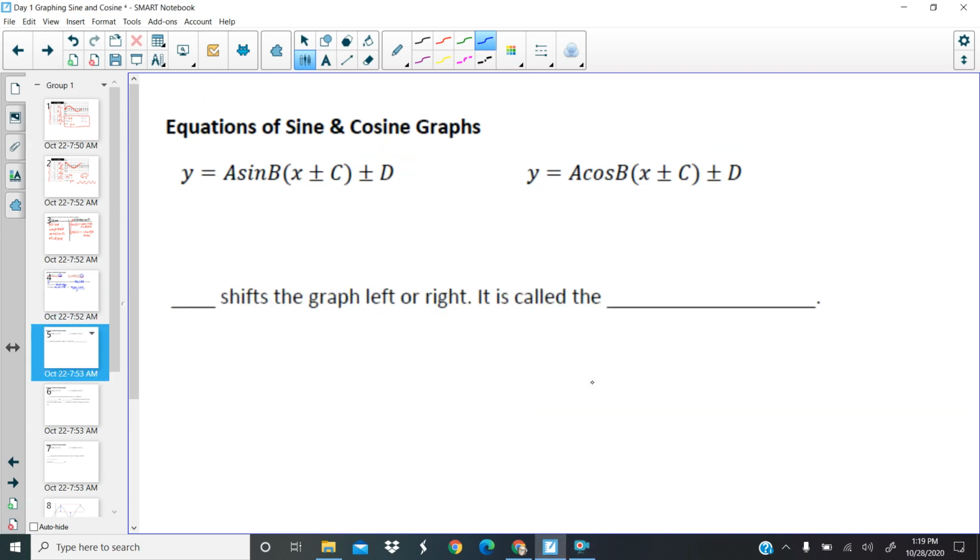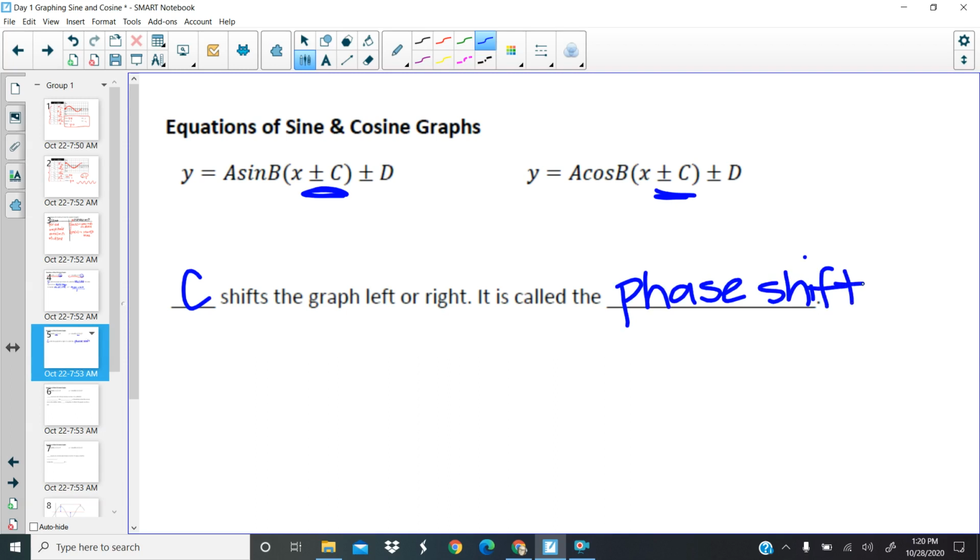So the next thing we need to look at is what's going to shift the graph to the left and the right. So just like with a lot of other equations, that's going to be whatever the number is that's being added or subtracted in there with the x. So that's going to be C. And what that is going to be called in terms of sine and cosine is the phase shift.